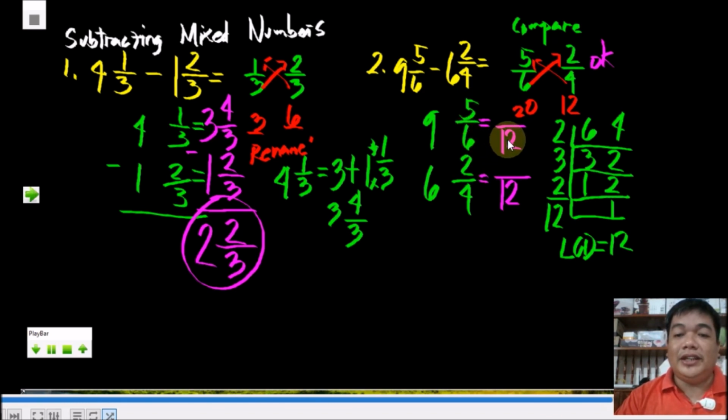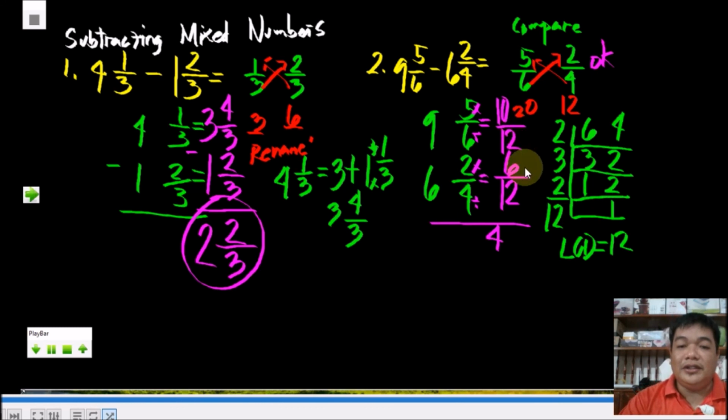Divide the LCD by the denominator of the fraction, then multiply the quotient to the numerator. 12 divided by 6 is 2. 2 times 5 is equal to 10. Then 12 divided by 4, that will be 3. 3 times 2 is 6.